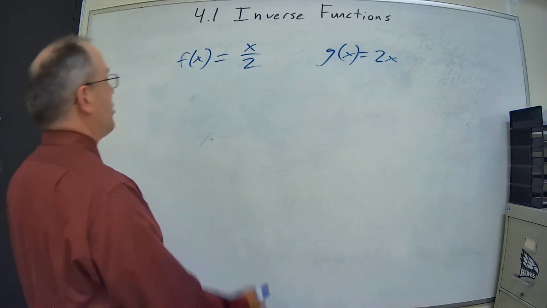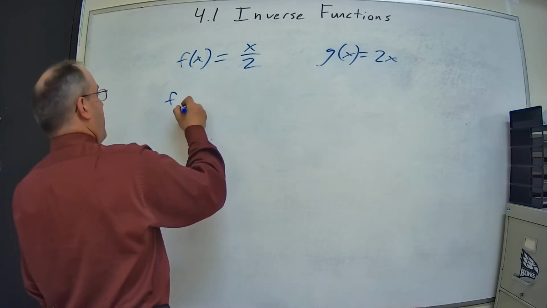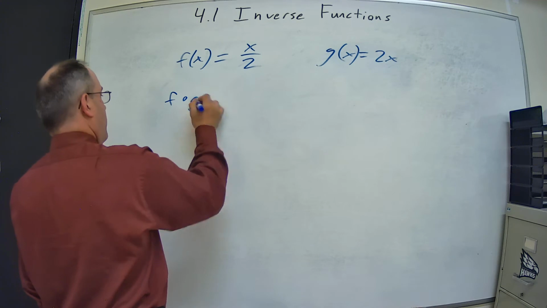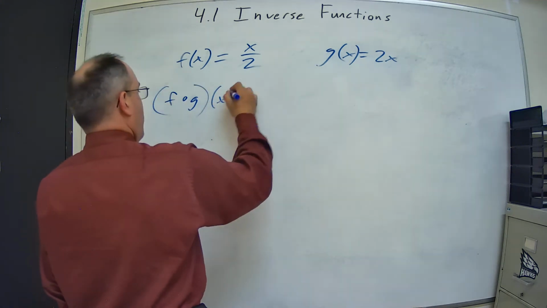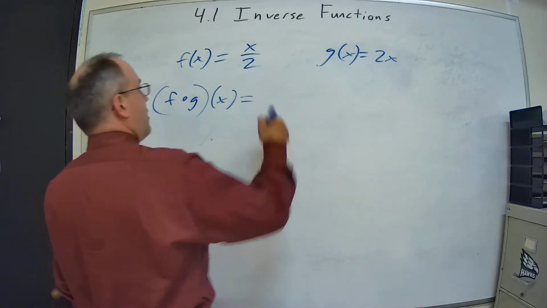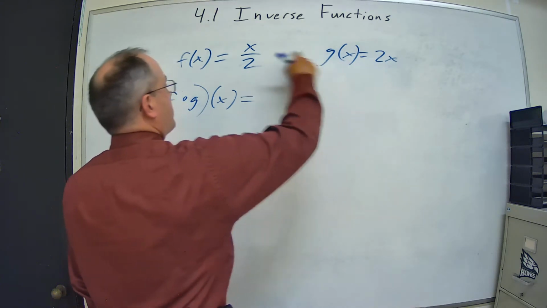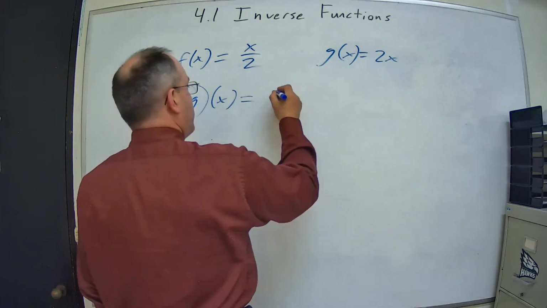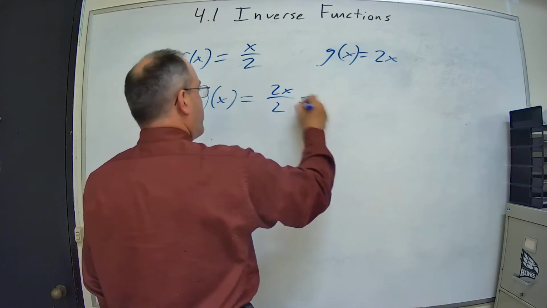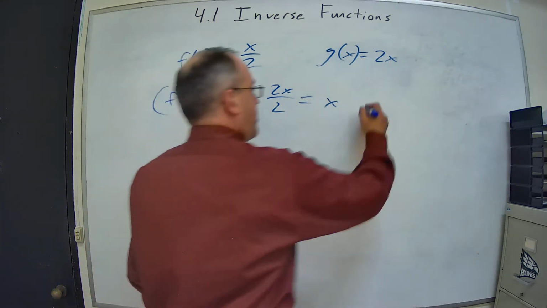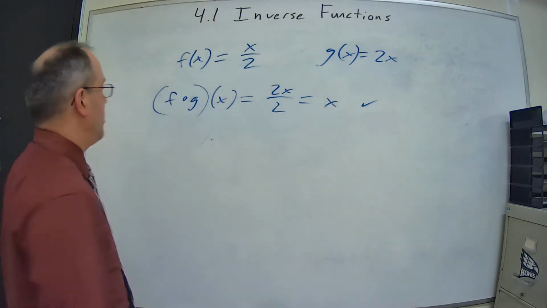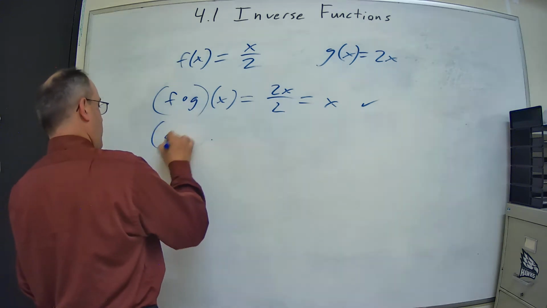Well, let's take a look and see. So if I go f of g of x, that means I take g of x, this 2x, and plug it in place of x. So 2x over 2 is equal to x. And yes, that works. We have to go the other way.